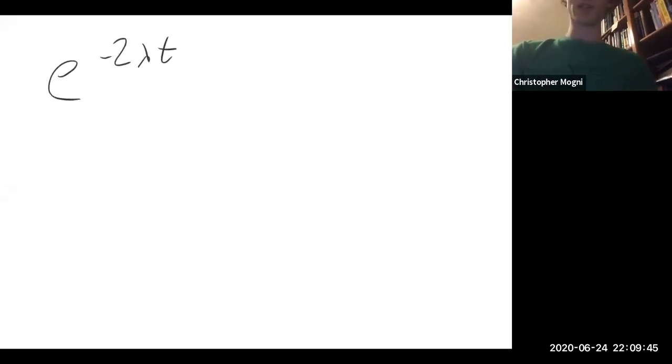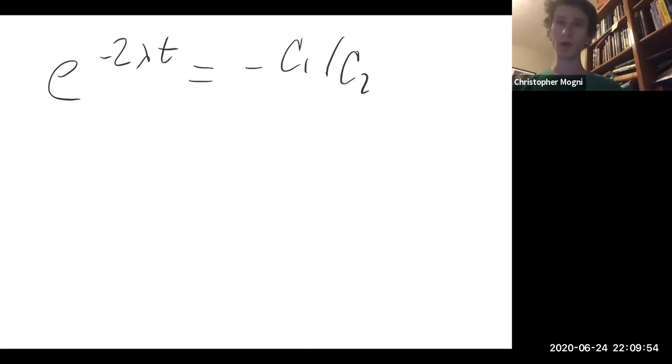And so we can separate the time piece from the constant piece, and we get the following condition. Now, what we want to argue is that this equation can only be satisfied for one value of t. It's pretty easy to do that.